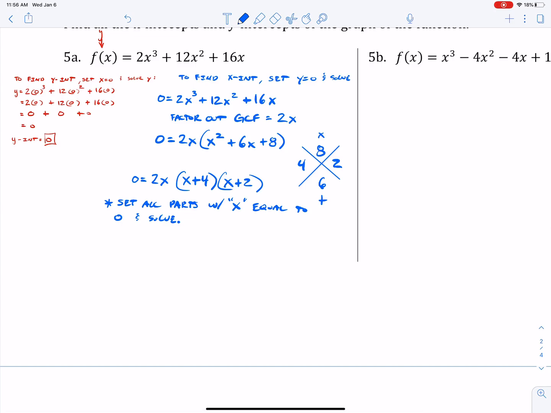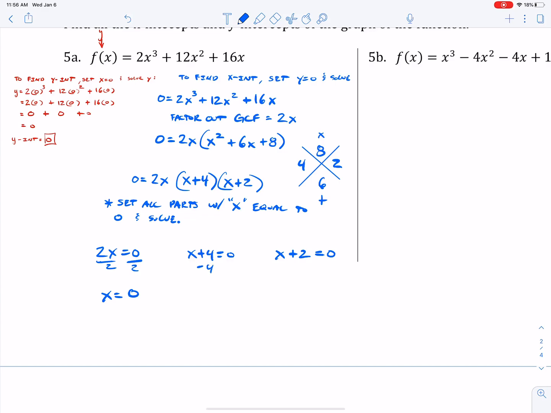Well, I have a 2x there, so I'm going to have 2x equals 0. I have an x plus 4 in parentheses, so I'm going to have x plus 4 equals 0. And then I'm going to have my x plus 2 equals 0. And from there, you're just going to solve for each equation. So I need to divide by 2, x equals 0 divided by 2, which is just 0.